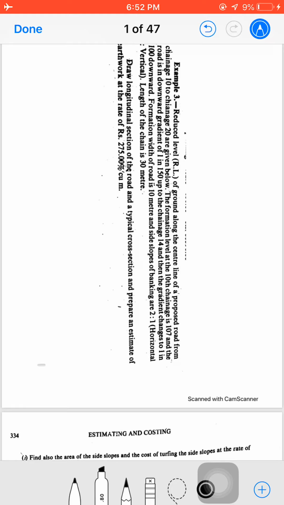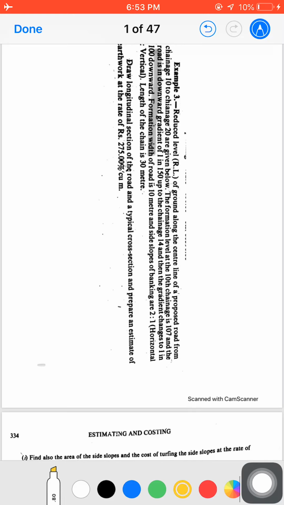Then the formation level at the 10th chainage is 107, and the road is in downward gradient of 1 in 150 up to chainage 14, and then the gradient changes to 1 in 100. So formation width of the road is 10 meter and side slopes of banking are 2:1.